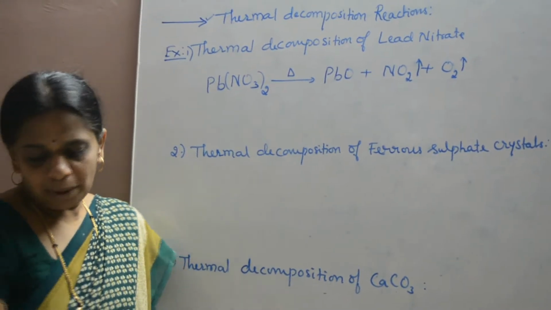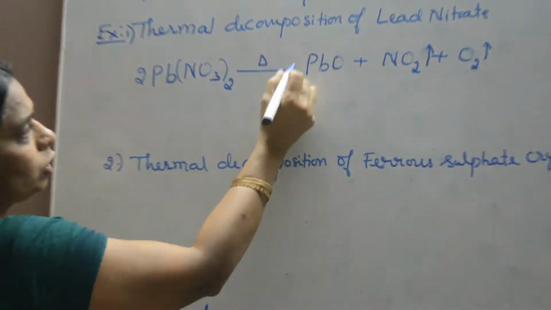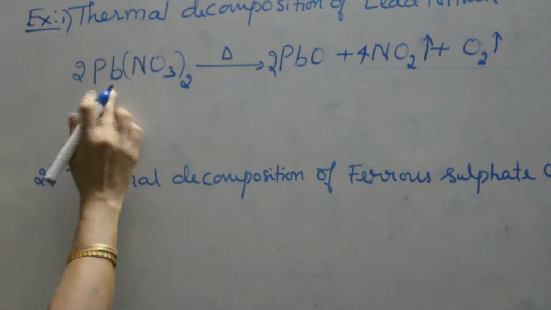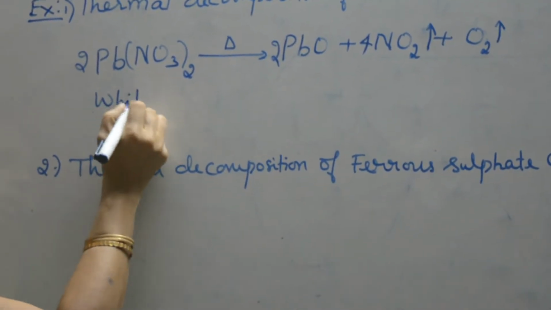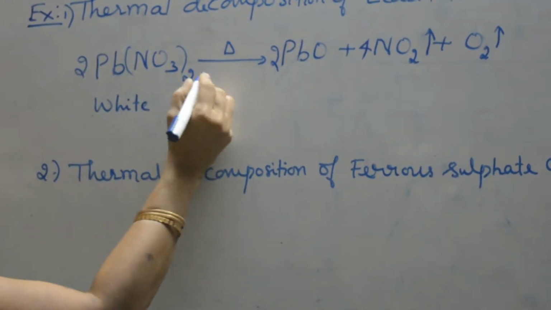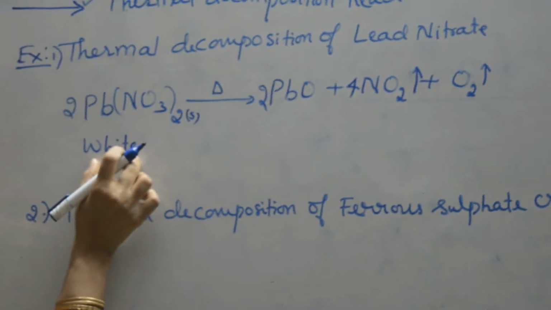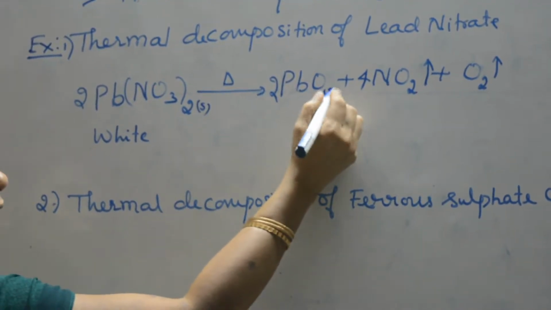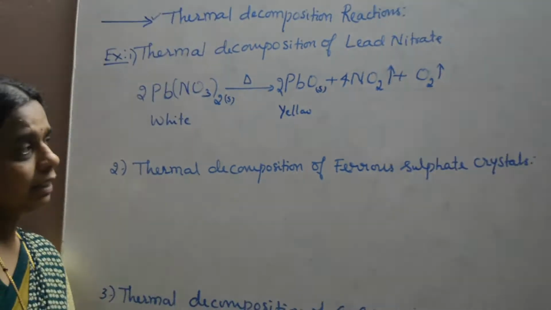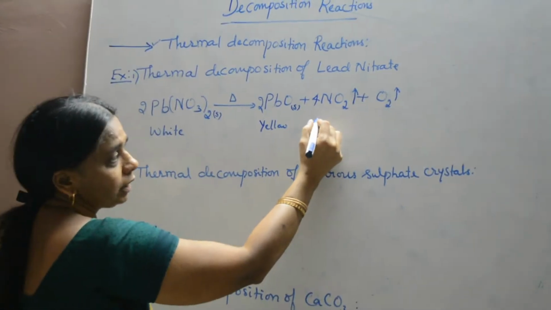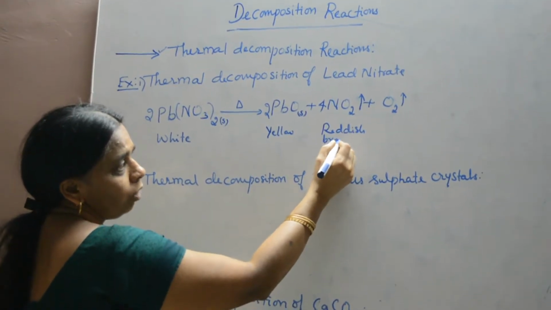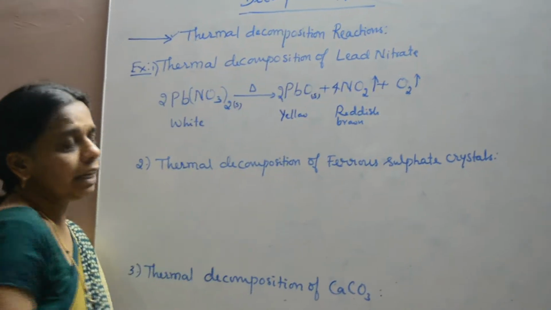We can now balance this equation. Lead nitrate is white in color. You should know the color of the salt also. Lead nitrate, a white crystalline solid, on heating gives lead oxide solid, which is the yellow residue, nitrogen dioxide, reddish brown fumes, and oxygen, a colorless gas.